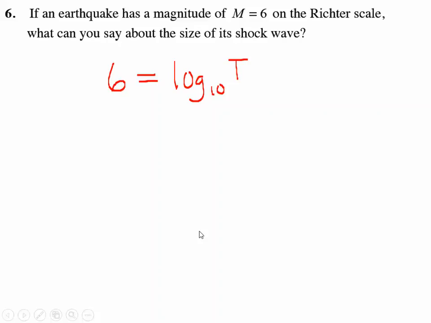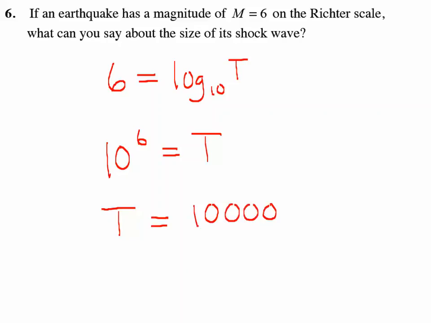Now what is my base? 10. What is my exponent? It's the 6. Right, and the number is t. So what is 10 to the 6th power? Yeah, it's going to be a 1 with 6 zeros behind it. 1, 2, 3, 4, 5, 6.